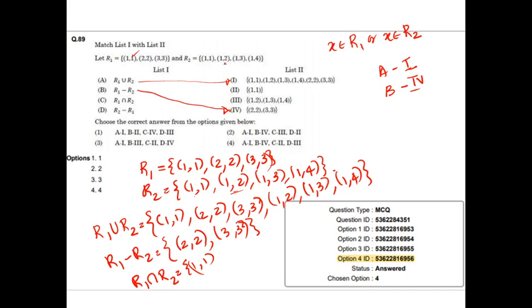We don't care about others because we have to find elements present in both R1 and R2. So we are getting only one element, (1,1). So the second option from list 2 is the answer, so we can write C is 2.